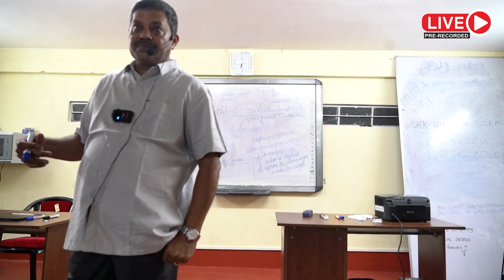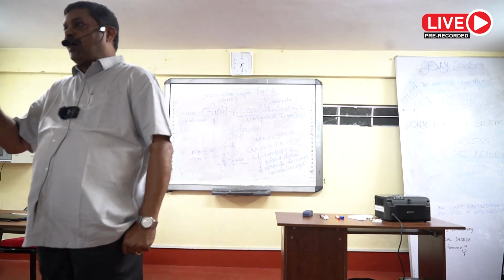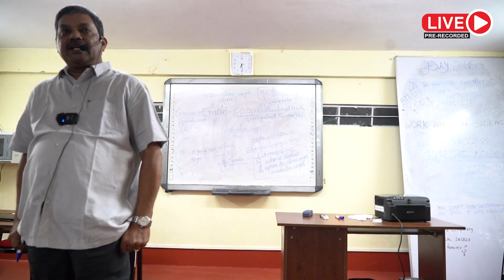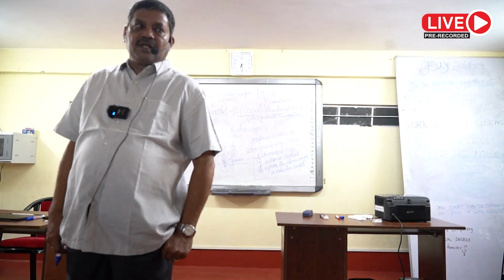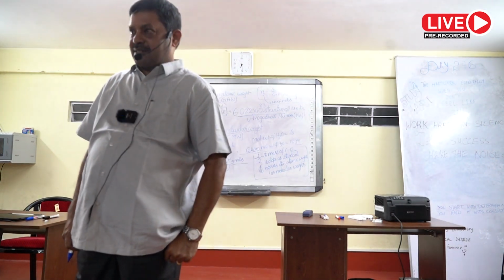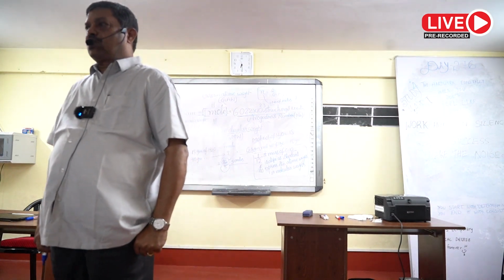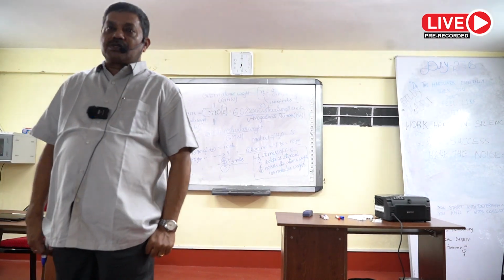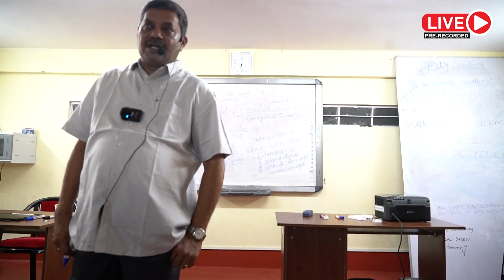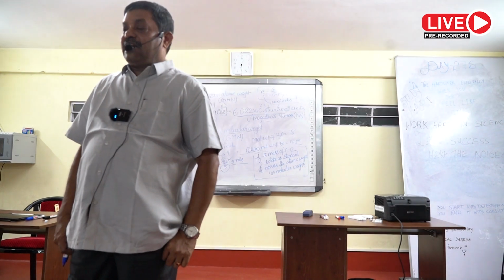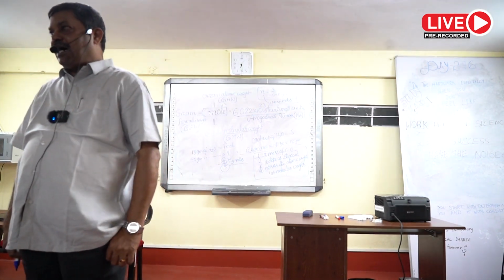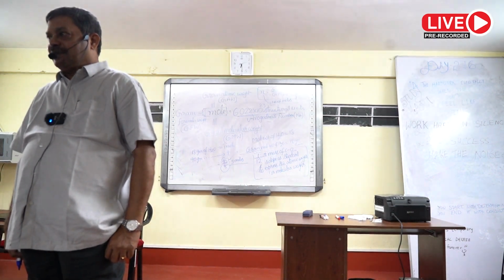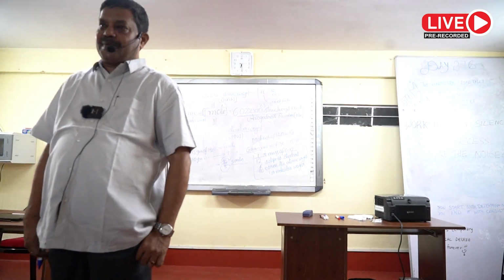This comparative mass, taking one reference, is called relative atomic mass or relative molecular mass. So whatever so-called atomic weights and molecular weights we are using nowadays are what? Relative atomic masses, RAM, or relative molecular masses, RMM.